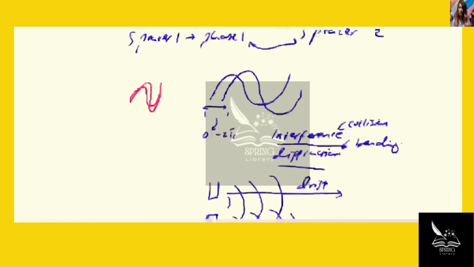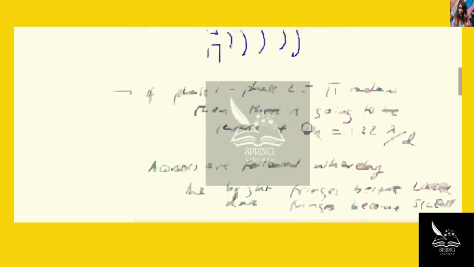So we have interference. If phase 1 and phase 2 have a difference of pi radians, then there's going to be a reversal with that relationship. And so we do have some acoustics going on right here. There are bright fringes and dark fringes. The bright fringes become louder and the dark ones become silent.